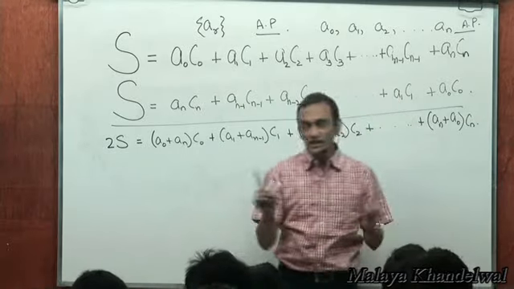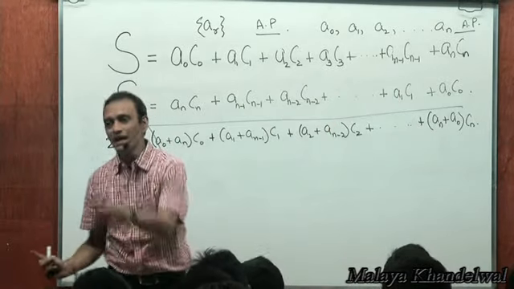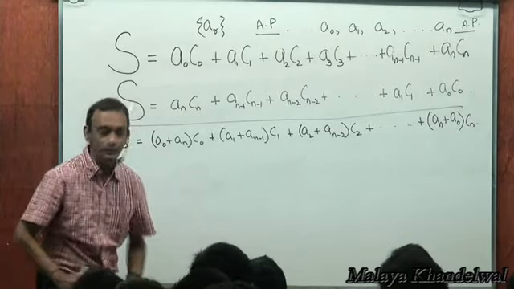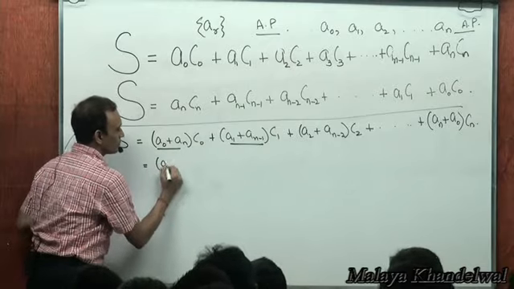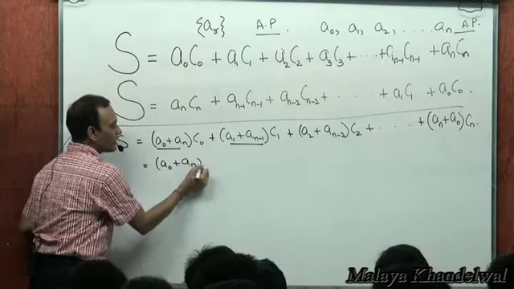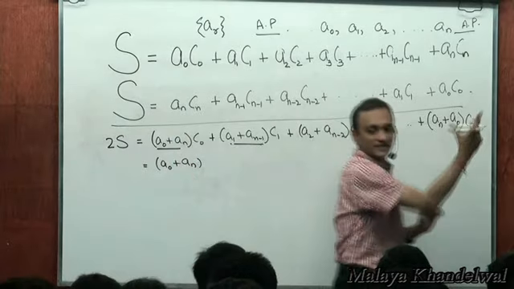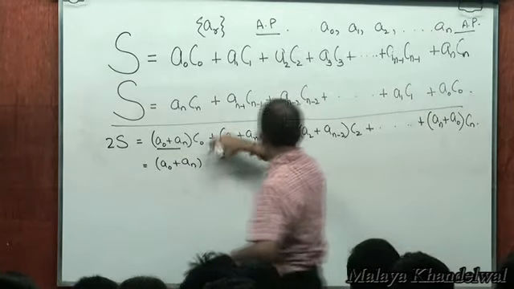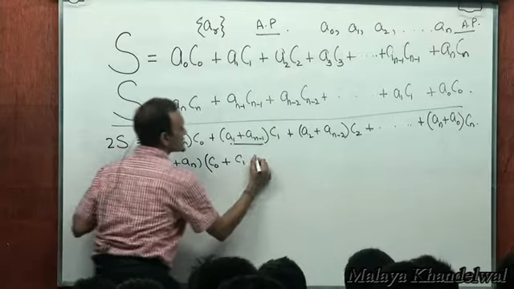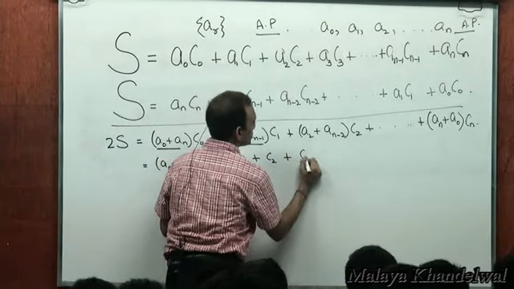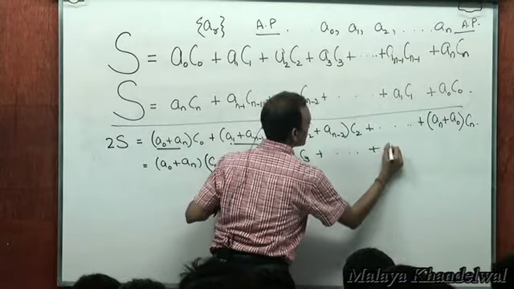Sum of terms equidistant from the beginning and end must be the same in an arithmetic progression, right? So I could take A0 + An common from this, because all these are equal to A0 + An, right? And within the parenthesis, the residual entities are C0 + C1 + C2 + C3 + ... + Cn.